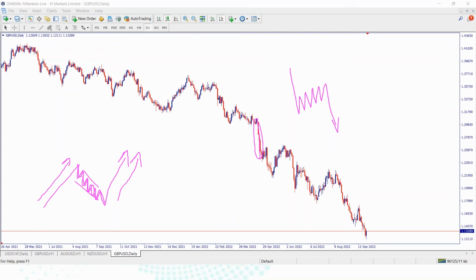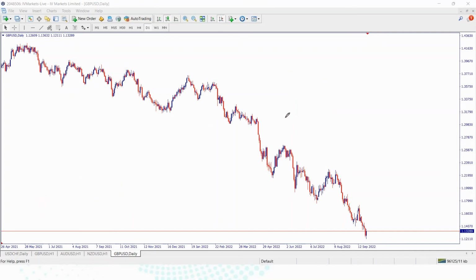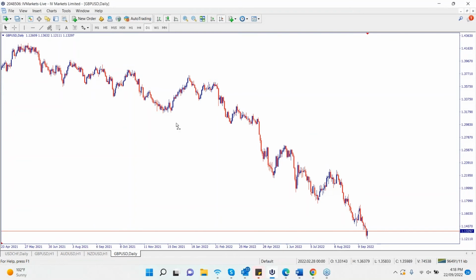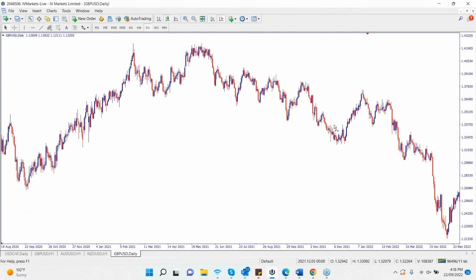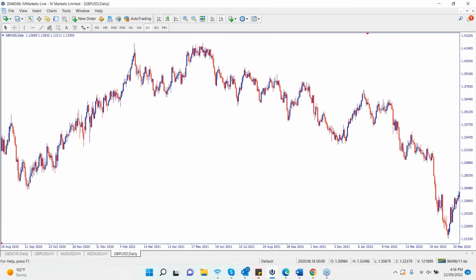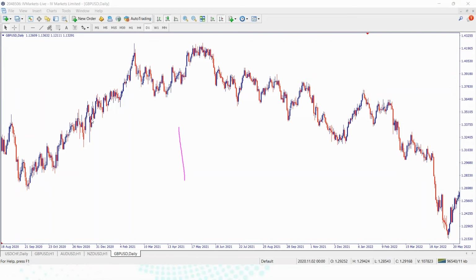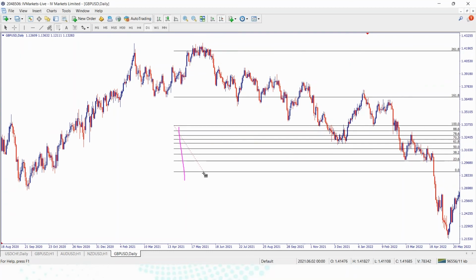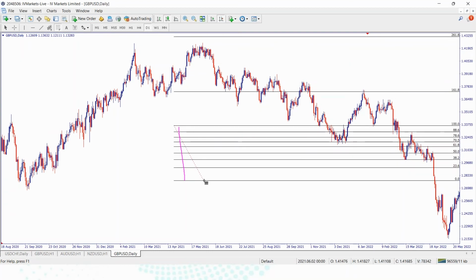So for example, we have this impulse, sorry. So I'm drawing here, we have this impulse, okay? This impulse is over. And now what I'm doing is I'm just applying the Fibonacci here to see the retracement, okay?